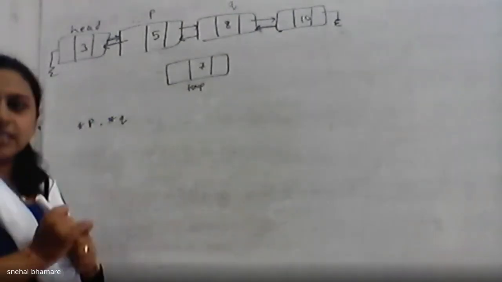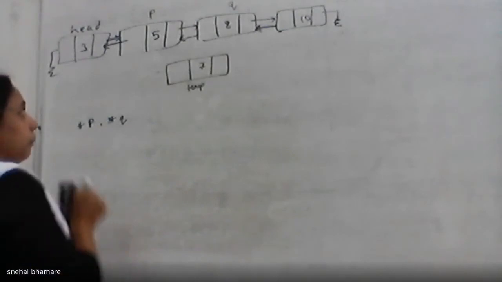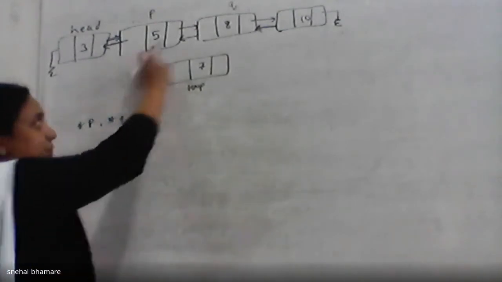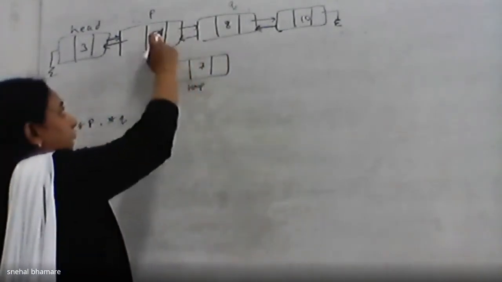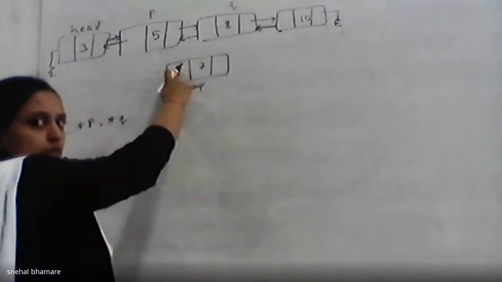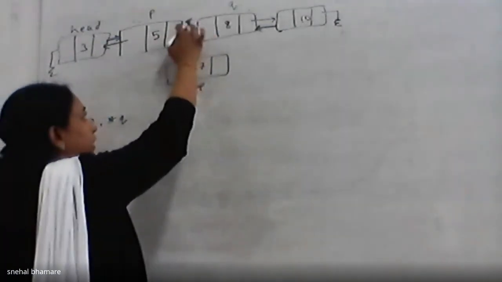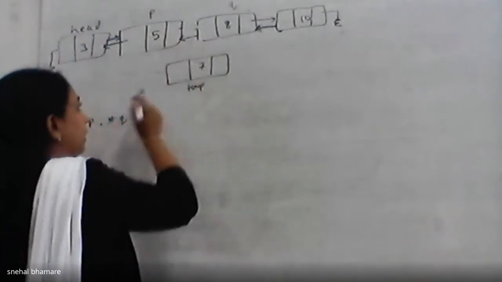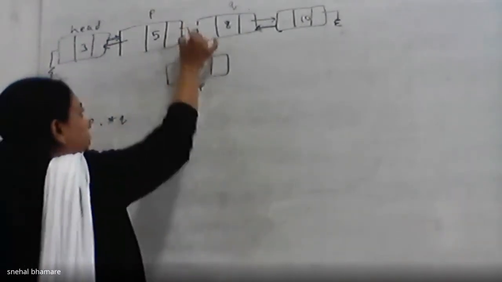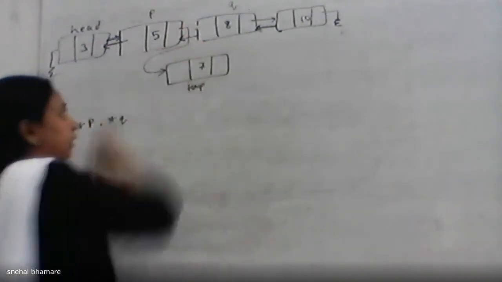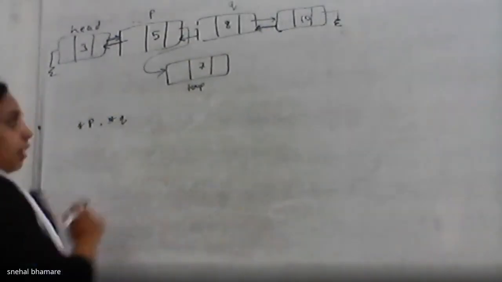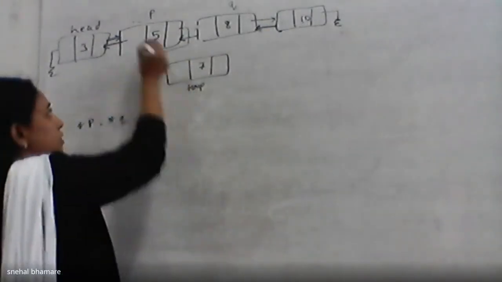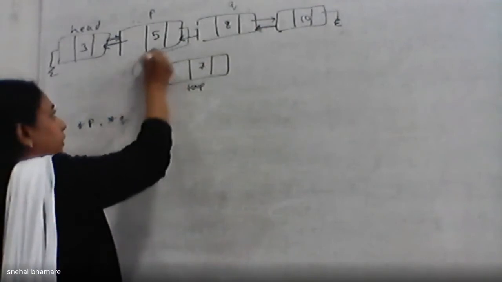Now, once it is done, what do I have to do? This is my temp, this is P, this is Q. P next is equal to temp. So this link will automatically terminate and it will come over here. Right? And temp previous is equal to P. So this link will point to this node.